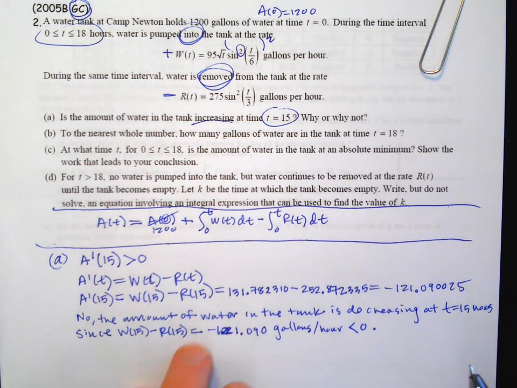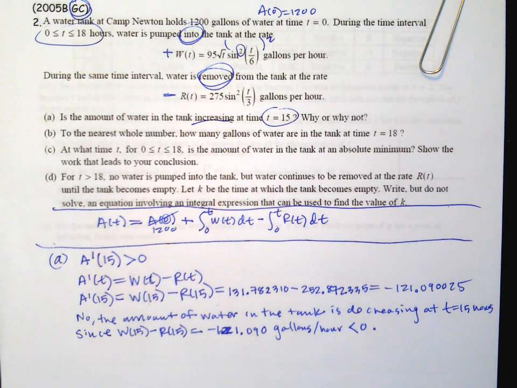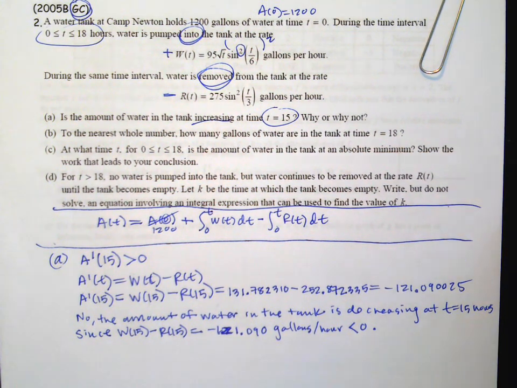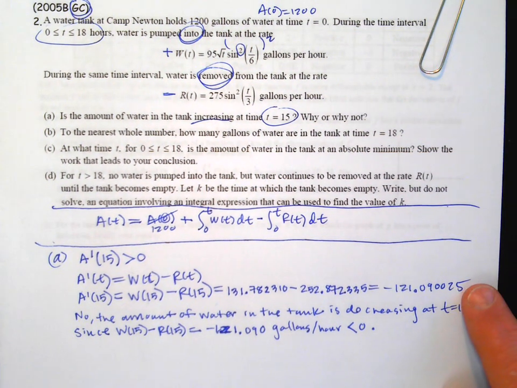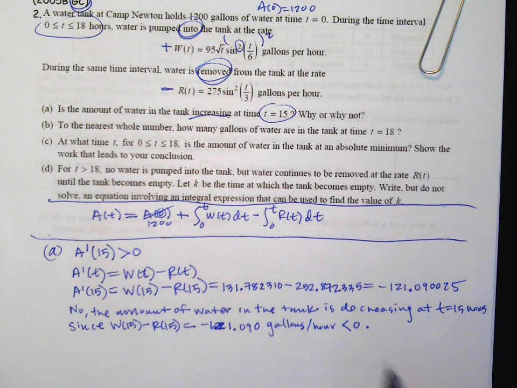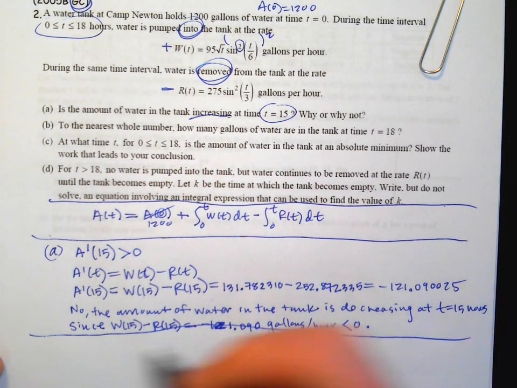Or you could say, since the rate of water being pumped in is... all right. Point. I didn't write down the points for this. It's probably like 1 point. To be honest, probably 1 point. Maybe 2 at the most.